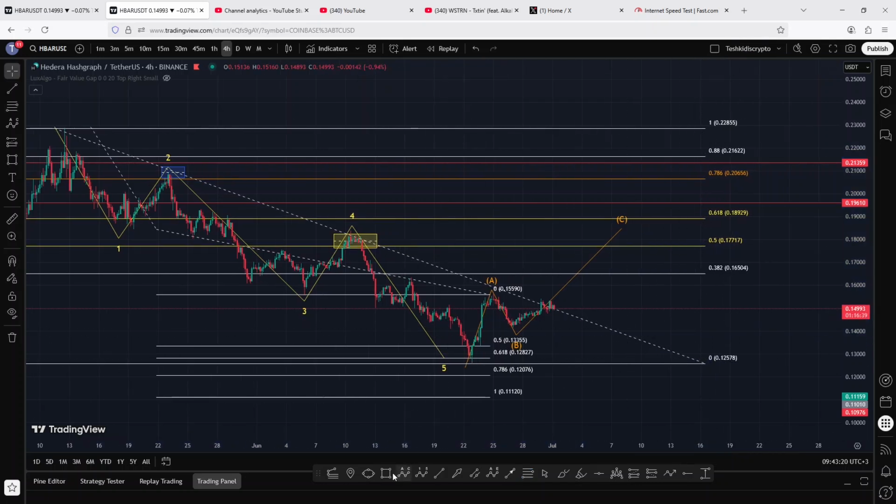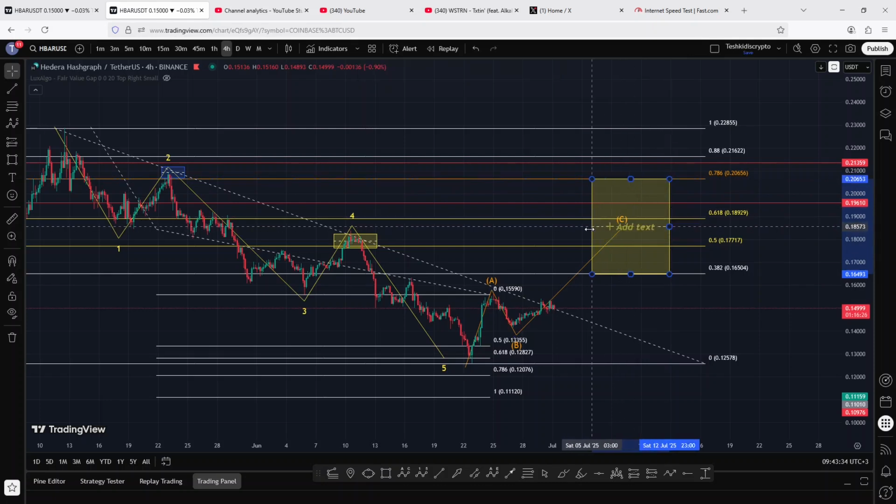On so doing, the area that you need to pay attention to lies between the fib level 0.382 and the 0.786, and that is between 0.2656 and 0.165, which is the yellow target area over here.